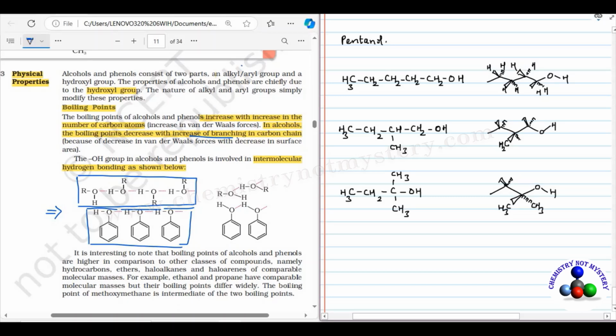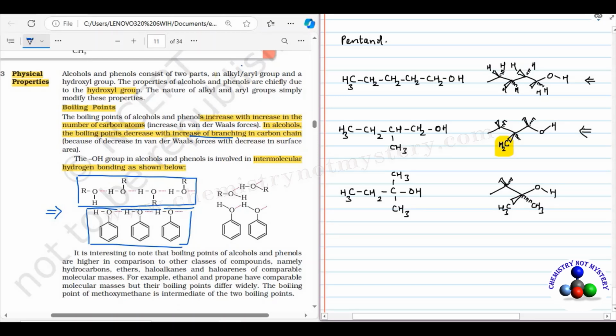So when you try to pack such molecules, if you try to pack 2 molecules of n-pentanol, there will be certain points at which they may be in contact with each other. When you try to pack 2 molecules of the second isomer, the methyl branch may create hindrance for the close packing of 2 such molecules.